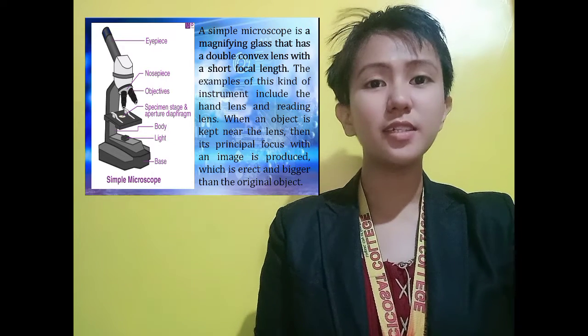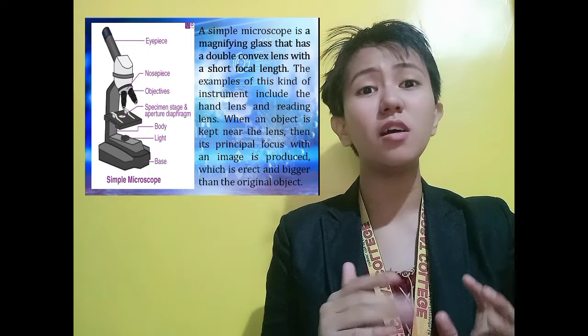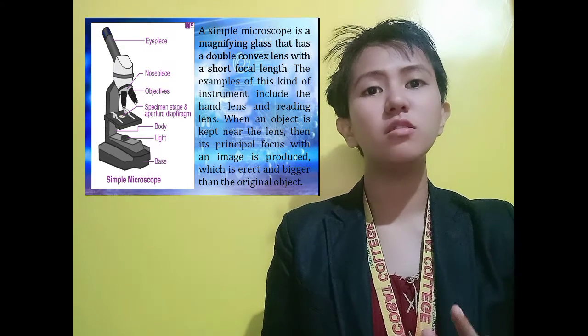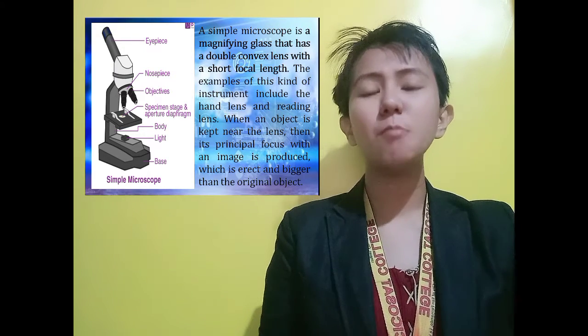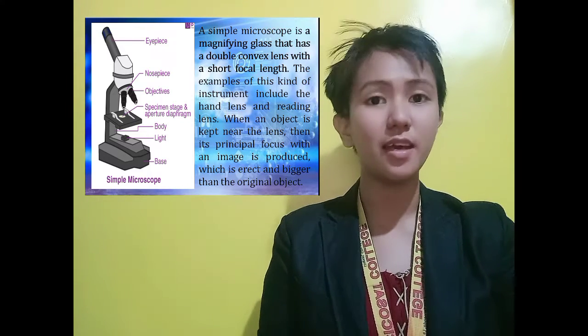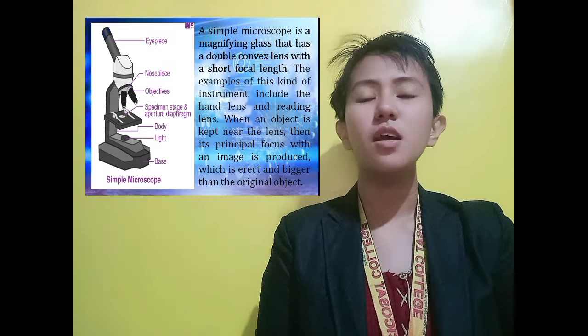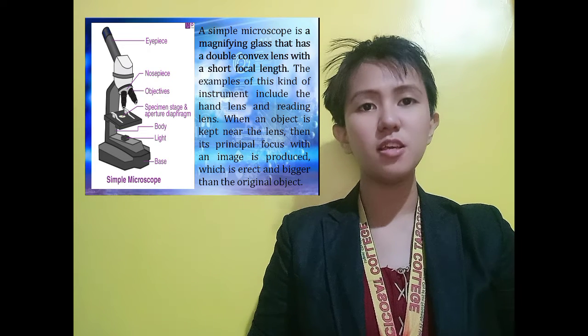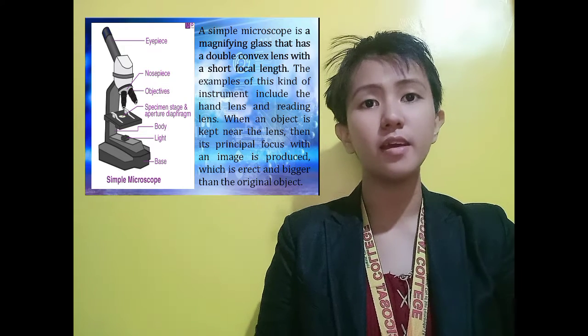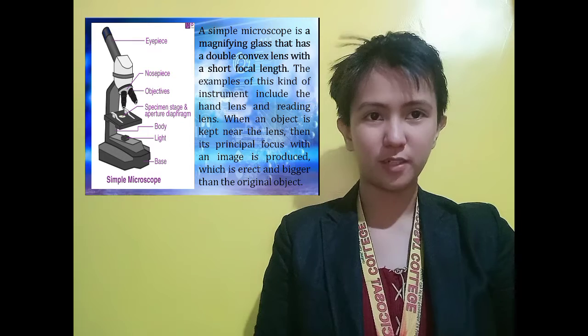So first is a simple microscope. Is a magnifying glass that has a double convex lens with a short focal length. The example of this kind of instrument include the hand lens and the reading lens. When an object is kept near the lens, then its principal focus with an image is produced, which is erect and bigger than the original object.